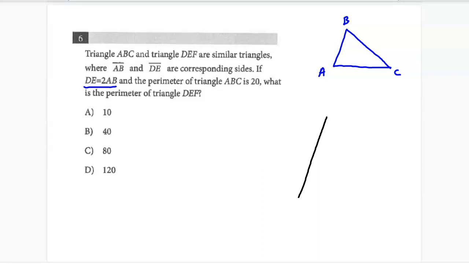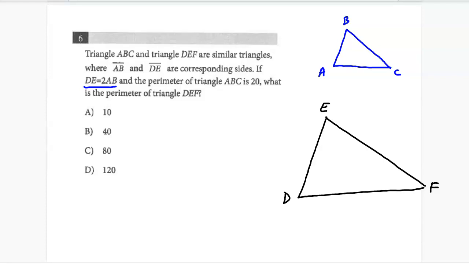And I'm going to try to draw him twice as big, just so it kind of looks how it's supposed to. And I'm going to keep the letters in the same order because they said that A, B, and D, E were corresponding. D, E, F. And A, B, and D, E are corresponding sides.